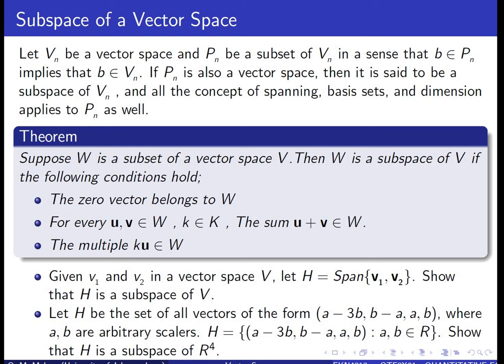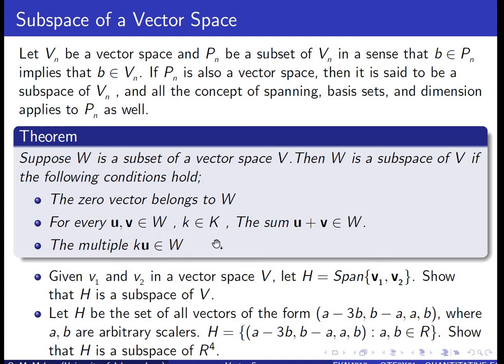The zero vector belongs to W. For every u, v in W, the sum u plus v is in W. And if we multiply by k, a scalar, then the multiple ku should also be in W.